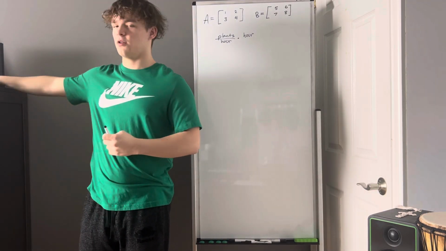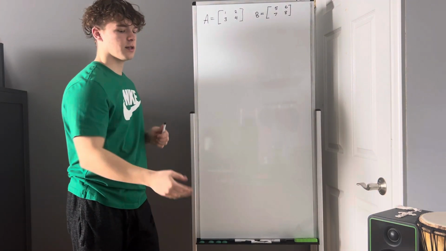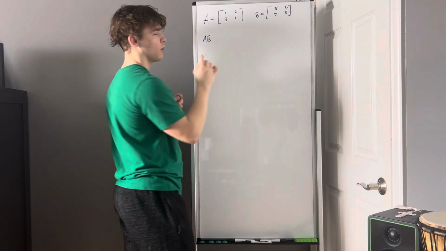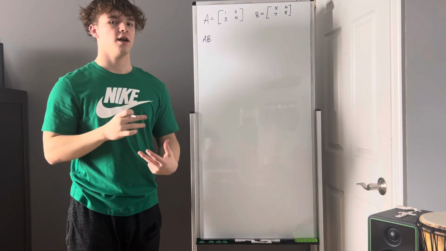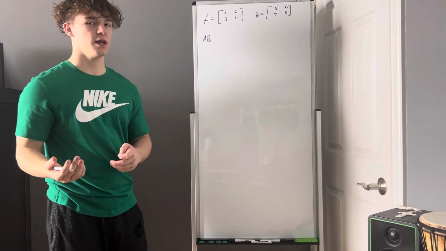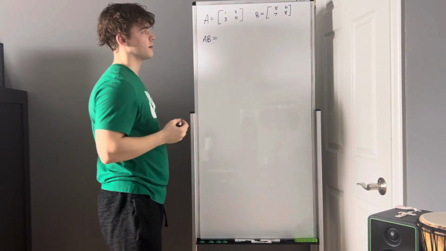So now we want to know the total. What this is going to be, we represent it just by AB. Be sure not to put a dot or an X, or a cross, in between these. By a cross, I mean the same thing as an X, because those represent very different things.